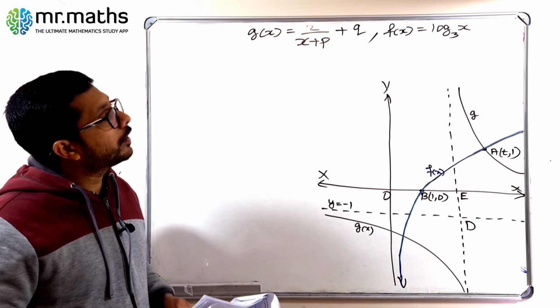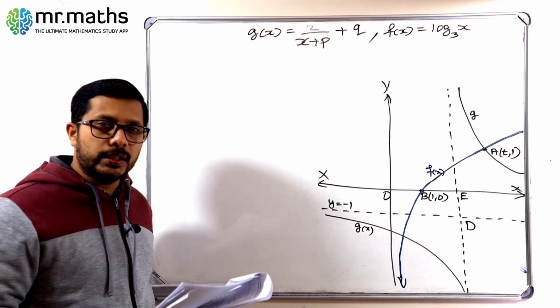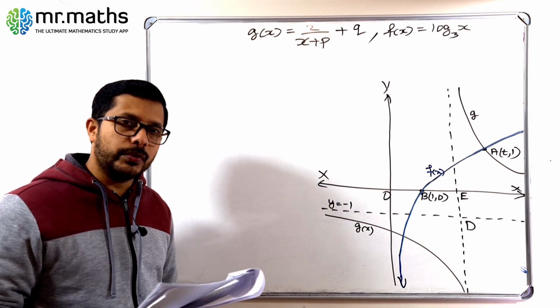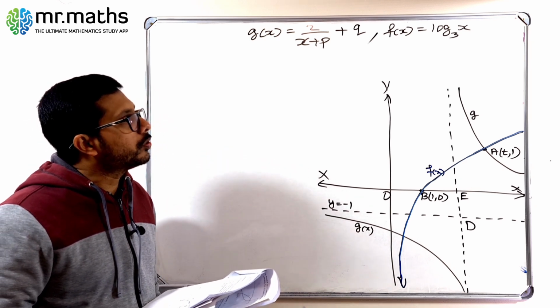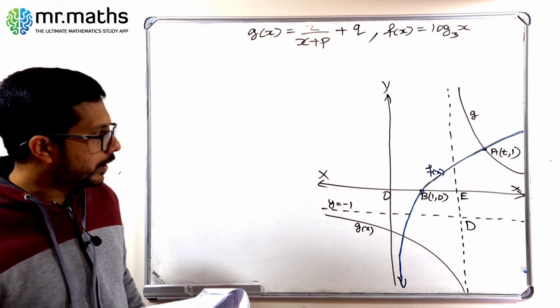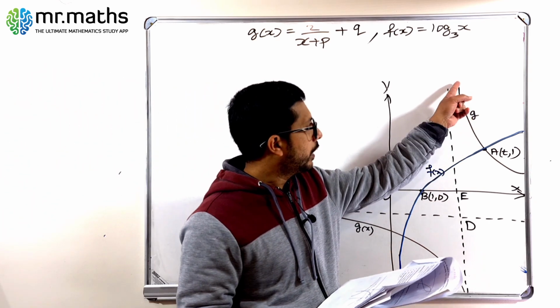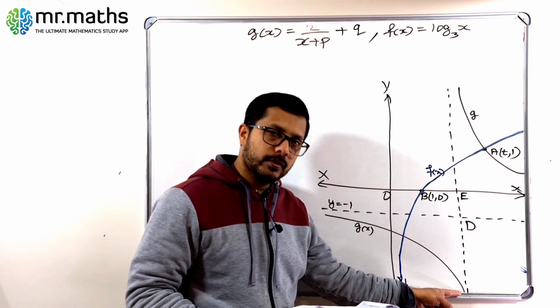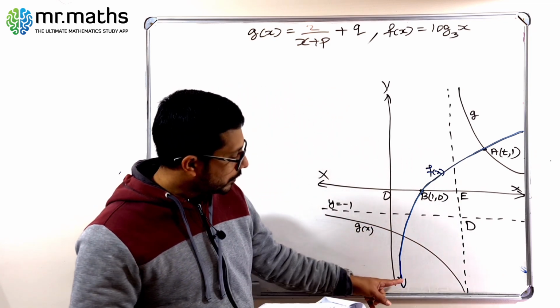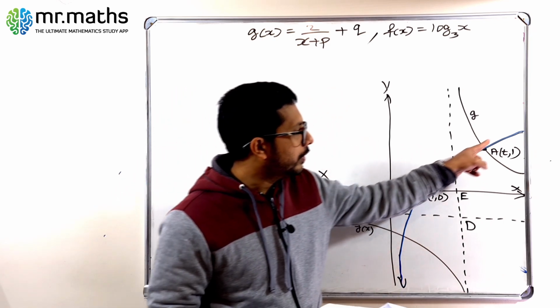And the other one is a logarithmic graph, that is the inverse of the exponential graph. So f of x is equal to log x to the base 3. Here you can see that this is our g of x graph. Can you see that it has two parts? And this one is the f of x graph.